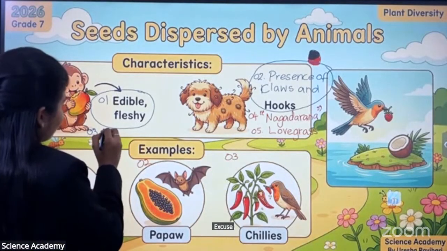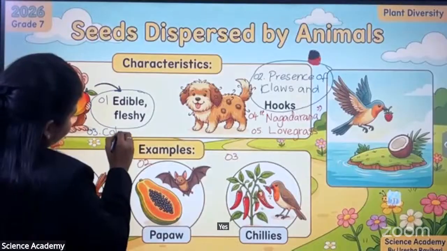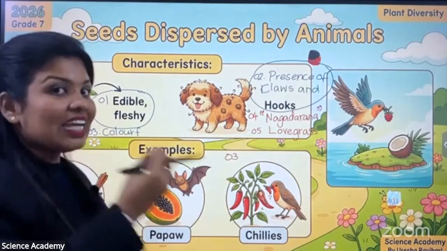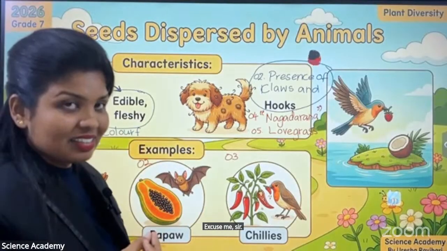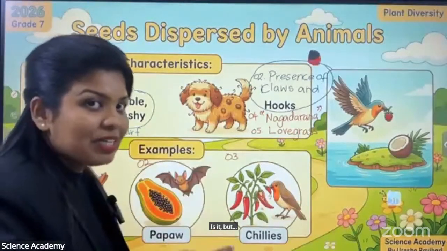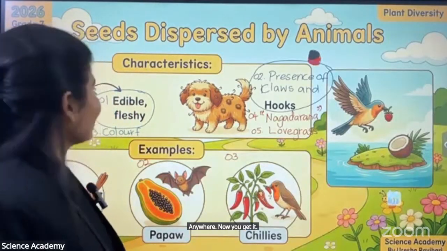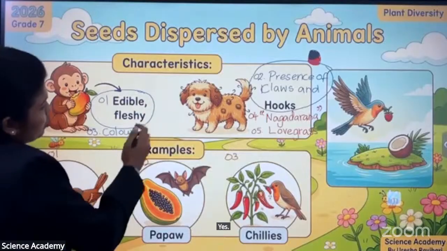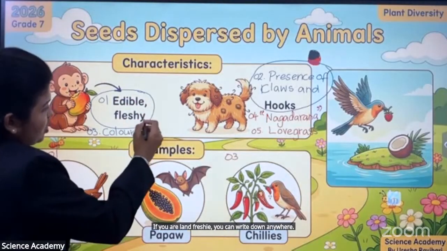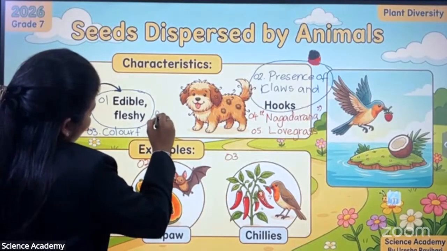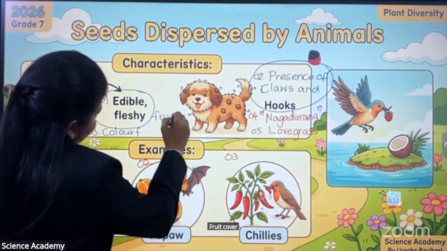Excuse me, teacher. Yes. What is edible? Edible means we can eat. Able to eat. Edible. Now you get it. Yes, miss. Edible and fleshy. You can write down edible, fleshy, fruit cover.